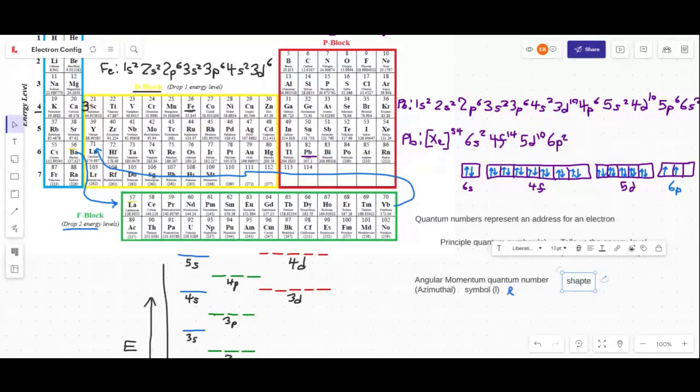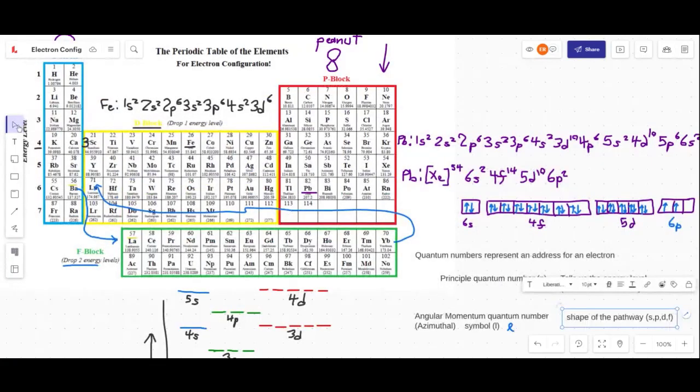So this tells you the shape of the pathway. In other words, is it S, P, D, or F? Is it a sphere, peanut, daisy, or a fountain? The D kind of has a daisy look to it.